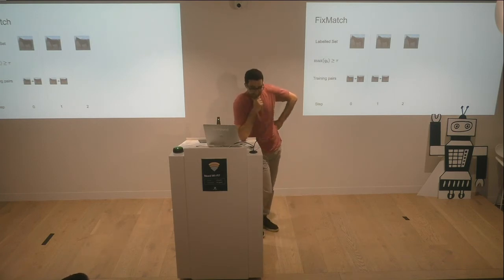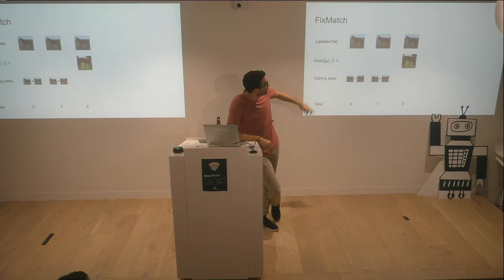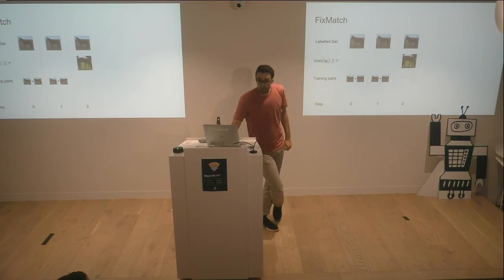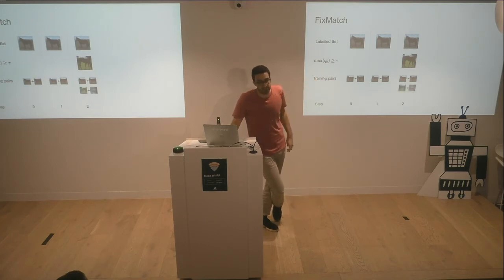But at a point, the model will become confident enough about some other image. And it'll say, you know what, I believe with probability greater than tau that this other image, which came from the unlabeled set, is also a horse. So now we are able to do the consistency regularization process, not only with the image that was in our labeled set, but also with the image that was in the unlabeled set.